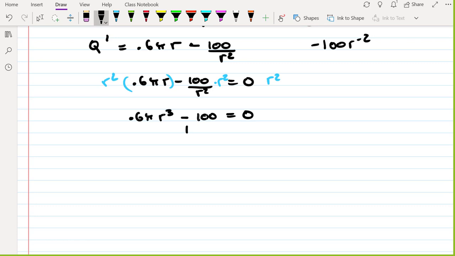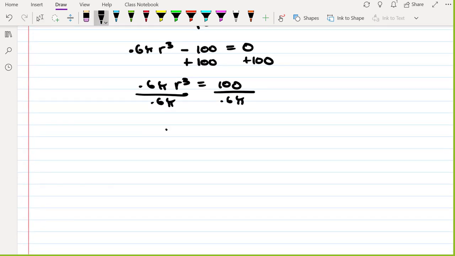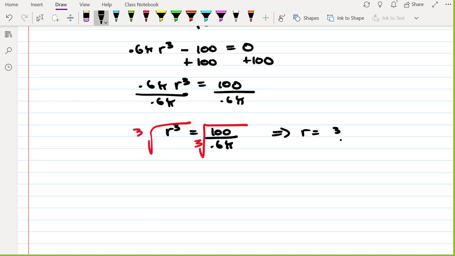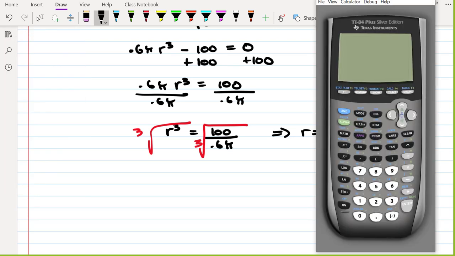So this is cubic in r again. This time I'm going to solve by using the cube root to get our real solution. And we get r cubed is equal to 100 over 0.6 pi. Taking the cube root of both sides gives us r is equal to the cube root of 100 over 0.6 pi. So now we can approximate that.